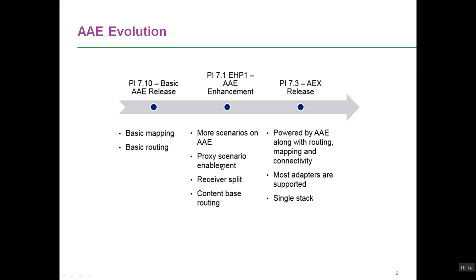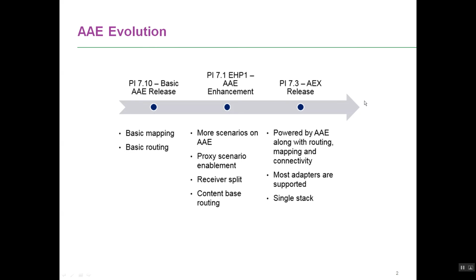Then came PI 7.1 Enhancement Pack 1 or PI 7.11. Again it was only partial support, not all the functionalities were supported. Even when we went to PI 7.3, most adapters are supported. There were still a few adapters that were supported on the ABAP stack that were not supported on PI 7.3. So there were certain restrictions around where PI 7.3 could be used, where a single stack PI could be used, and so on.